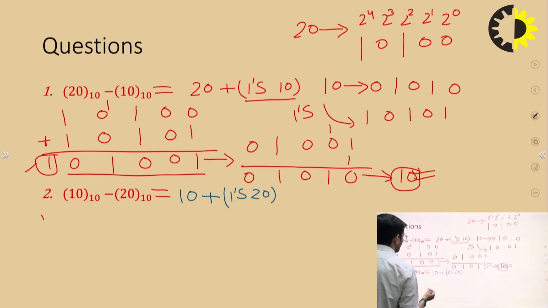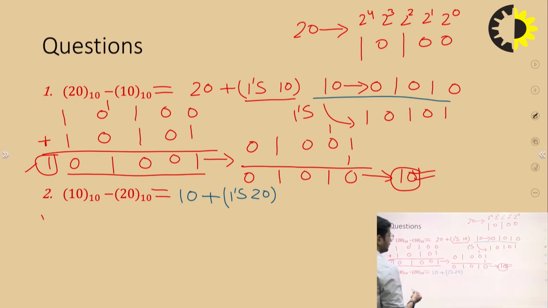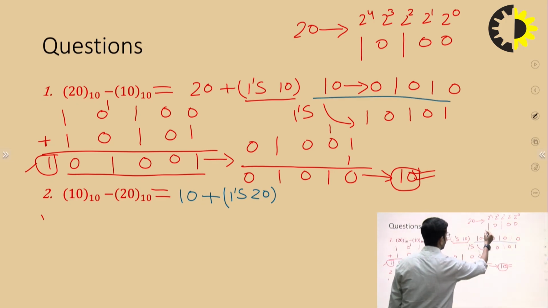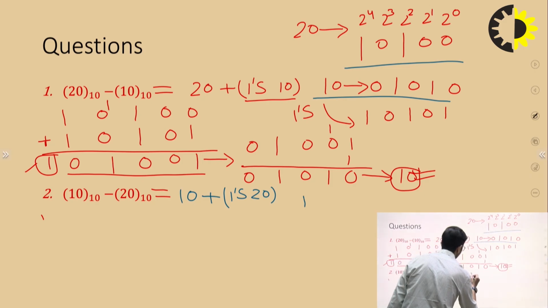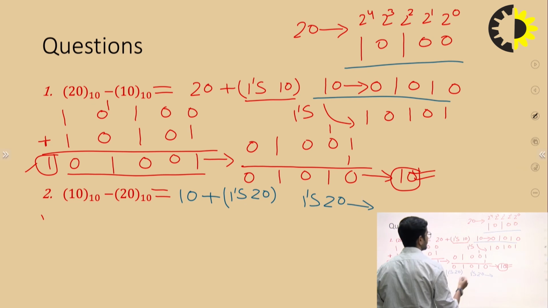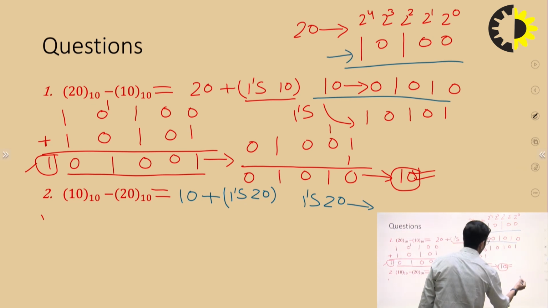So the binary of 10 is 1, 0, 1, 0 and the binary of 20 is 1, 0, 1, 0, 0. Now we have to take the 1's complement of 20. If we take the 1's complement of this 20, we have to replace 0 with 1 and 1 with 0.